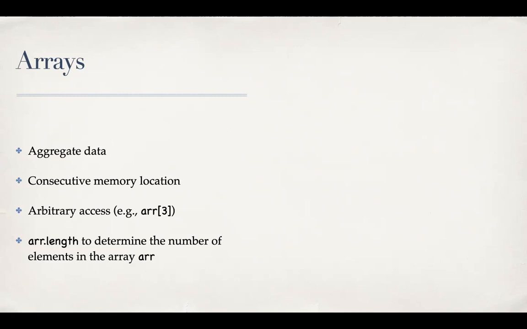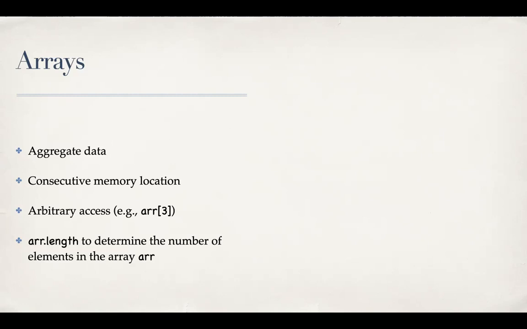That index should be within the appropriate range, given by 0 to array.length minus 1 inclusive. Array.length is a free variable that you get when you create any array. Array name .length is how you can call it.